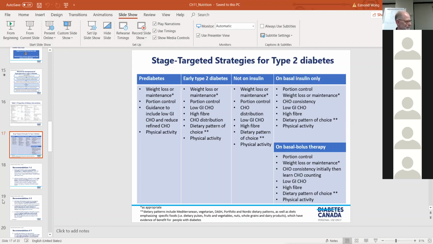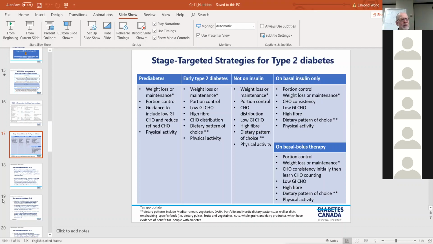So they're on 50 units of insulin, total daily dose. You would take 500. This is the 500 rule. 500 divided by 50 is 10.